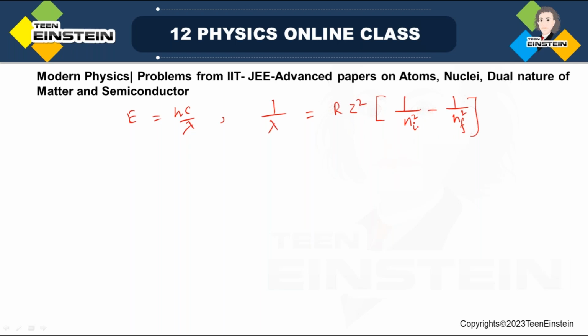I'm sorry, this will be 1 over n final square minus 1 over n initial square.